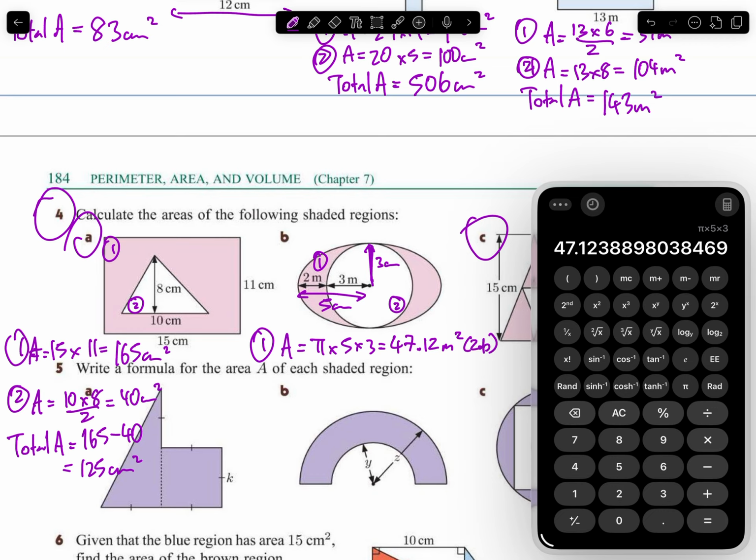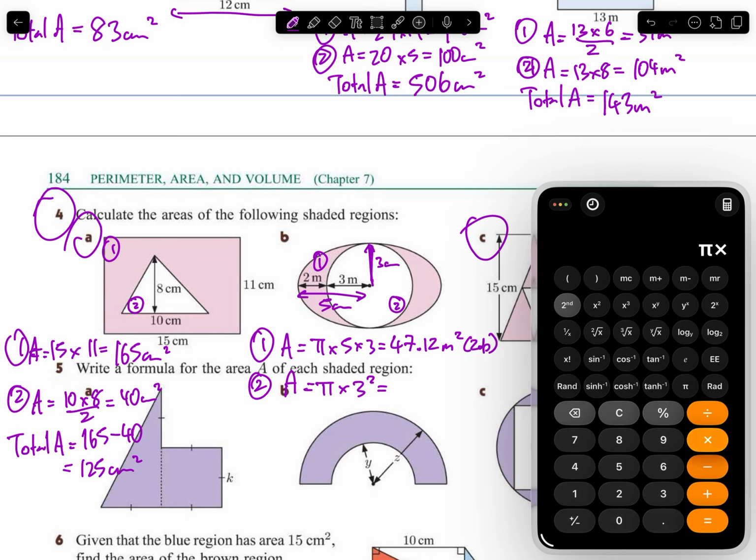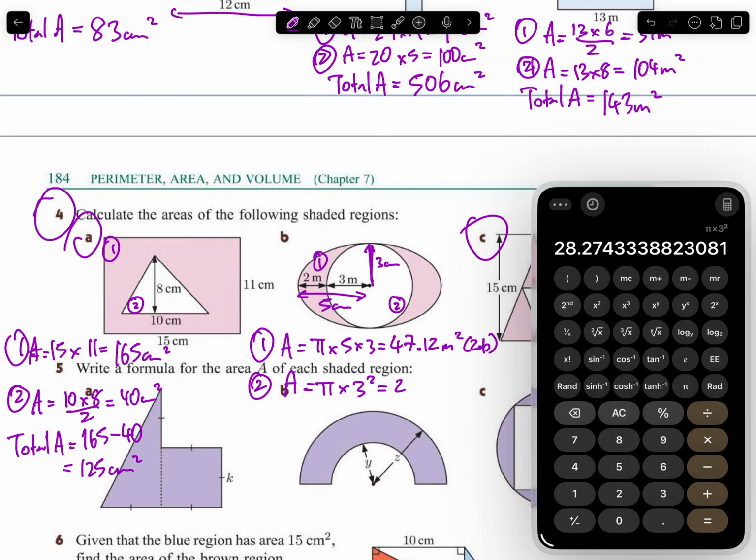But the area of 2, area is equal to pi times by the radius, which is 3, squared. Pi times by 3 squared is 28.27 square meters to 2 decimal places.